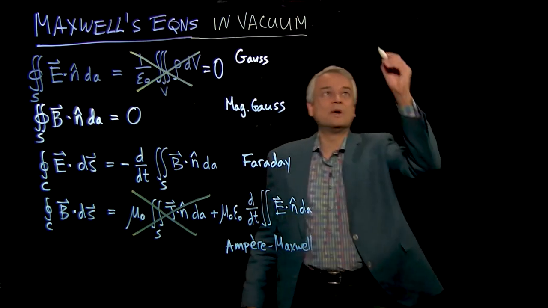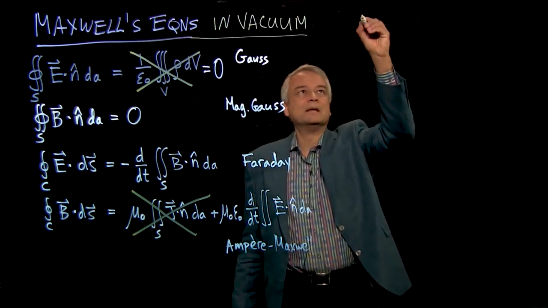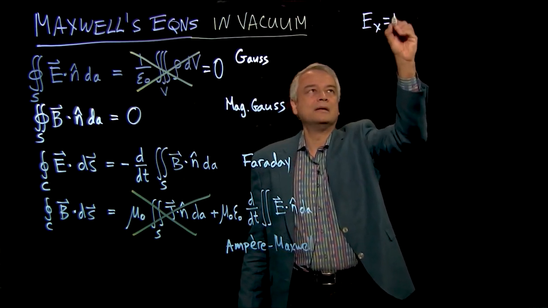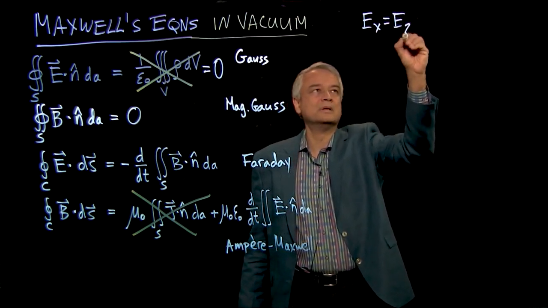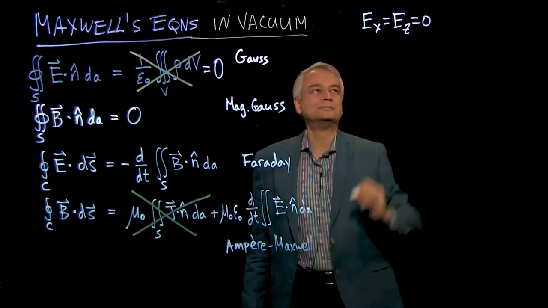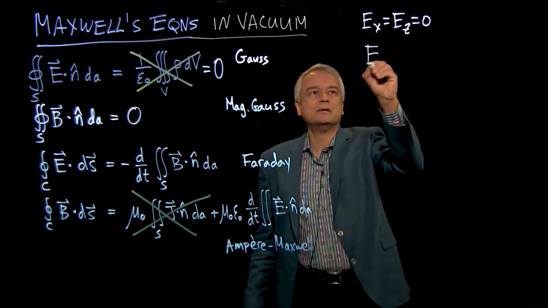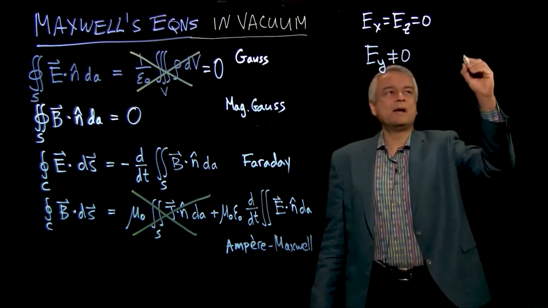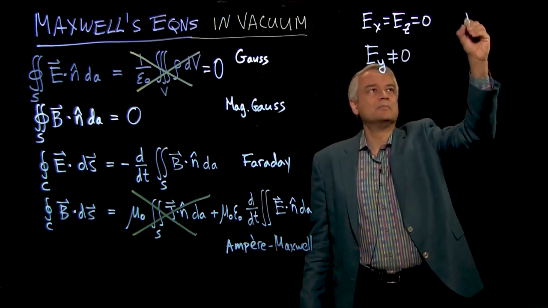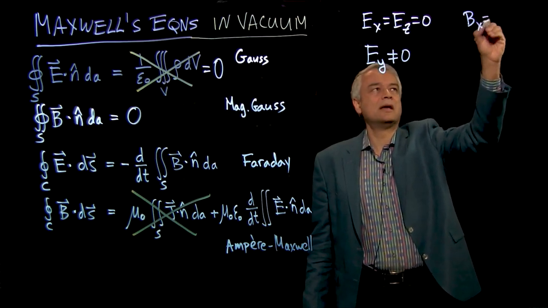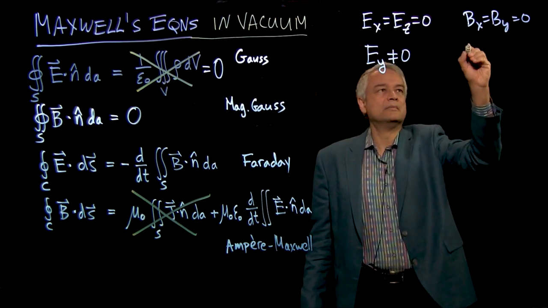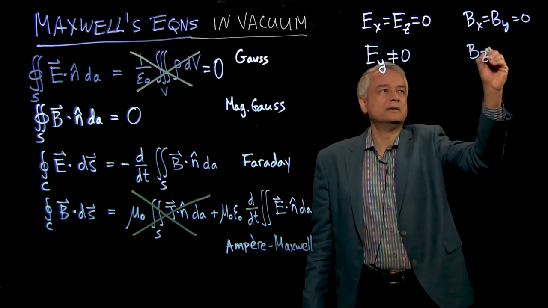In fact, it's going to be a wave in which Ex and Ez are 0, but Ey is not 0. And it will be a wave in which Bx and By are 0, but Bz is not 0.